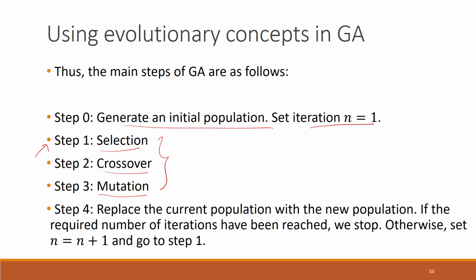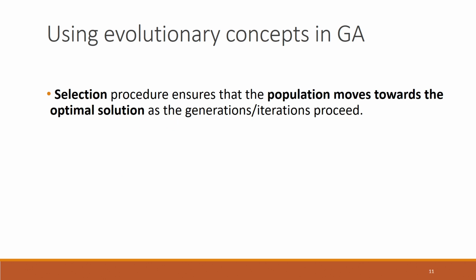For example, selection is useful for ensuring that the strings which are fitter get passed on, that is the strings which are moving close to the optimal solution, they get passed on to the next generation or iteration, and crossover and mutation are responsible for generating diverse solutions. Okay.